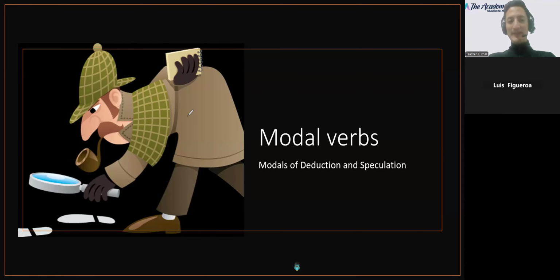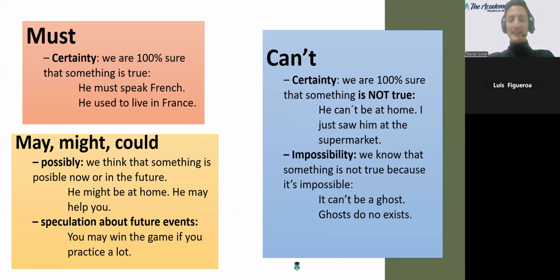For example, deducir es algo que hacen los detectives, ¿no es cierto? The detectives. ¿Tienen alguna evidencia? They have some evidence. Y en base a la evidencia, according to the evidence, pueden deducir, pueden decir, esto es así o esto no es así.